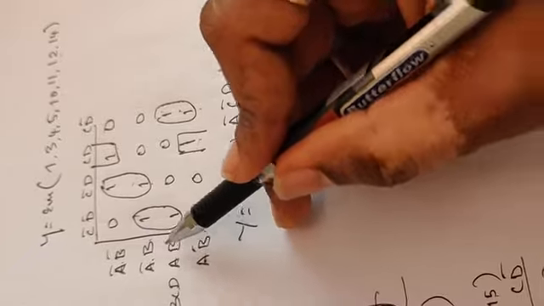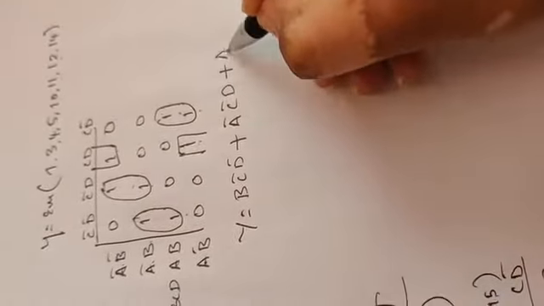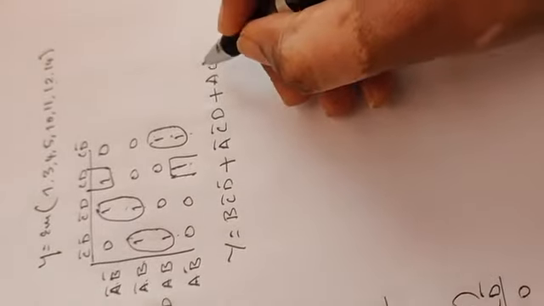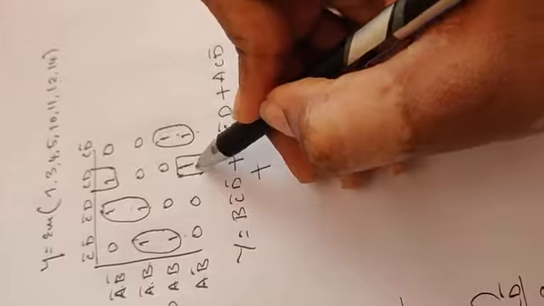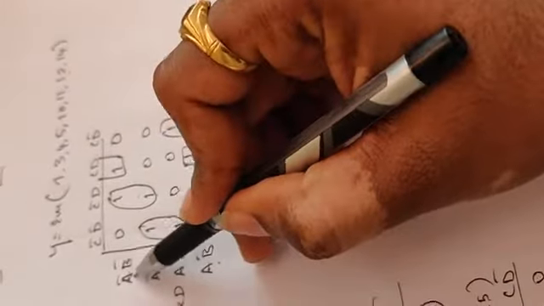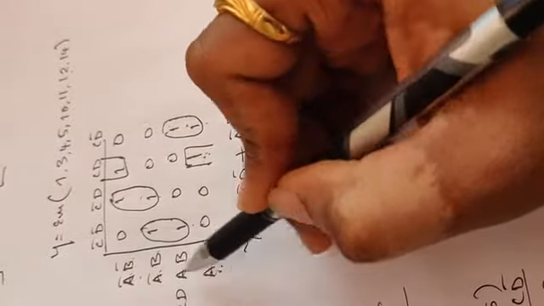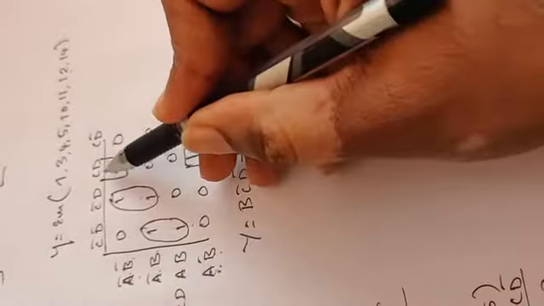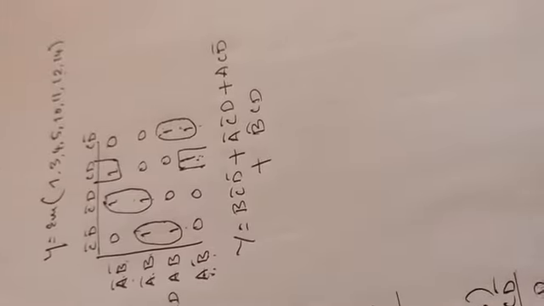A is common, B bar cancels, A C D bar. Plus this one means concentrate on this. A bar B bar, A B bar, A bar cancels, A bar A cancels, B bar remains the same, and CD. This is your answer.